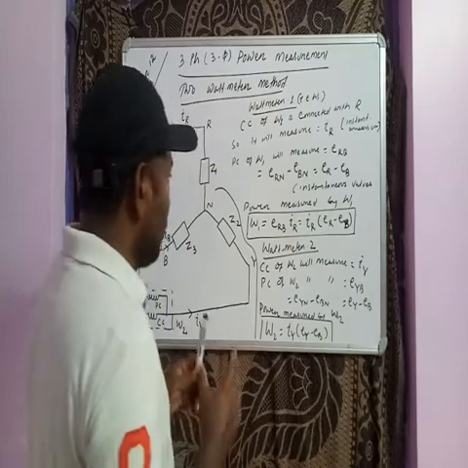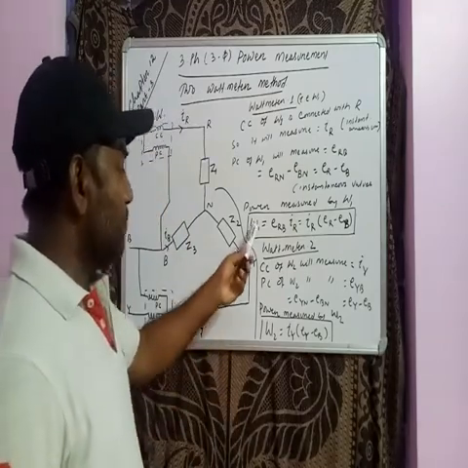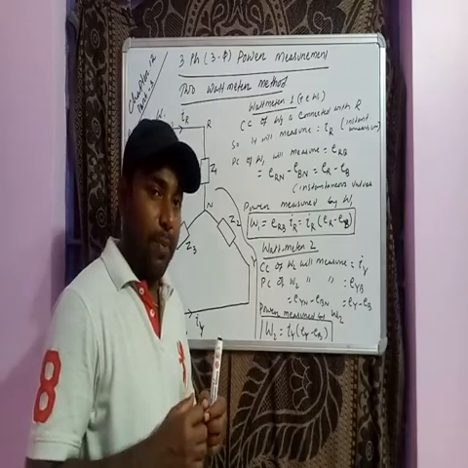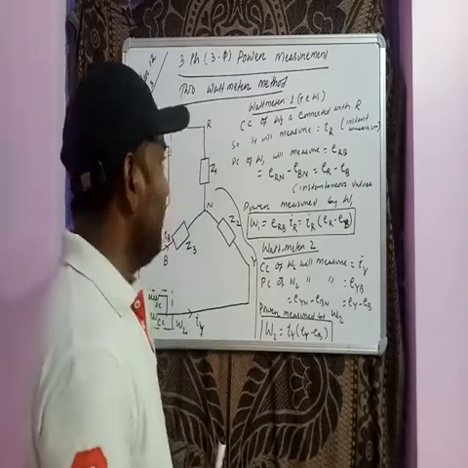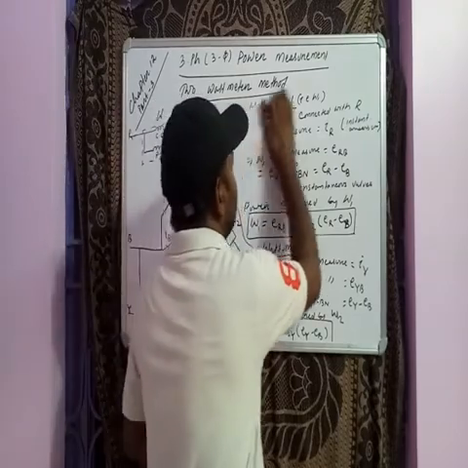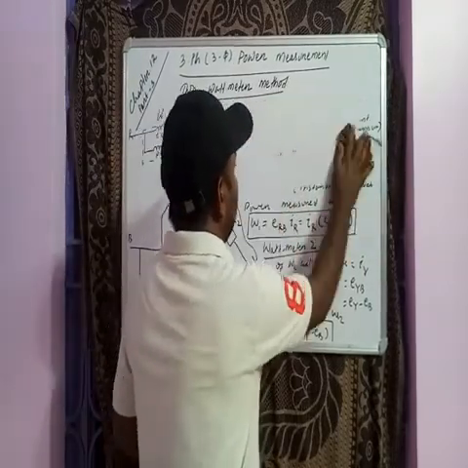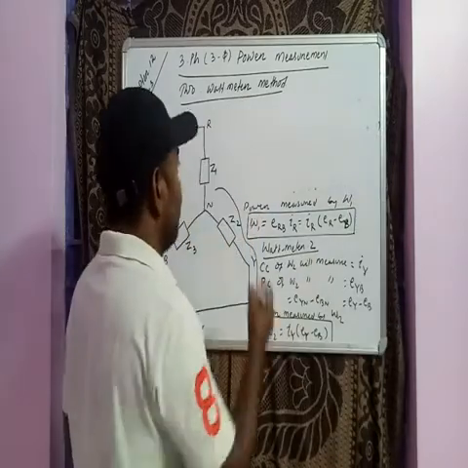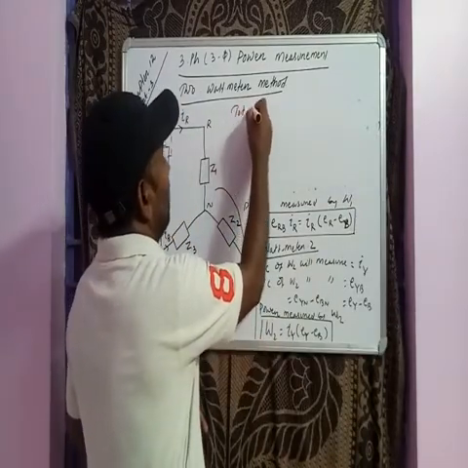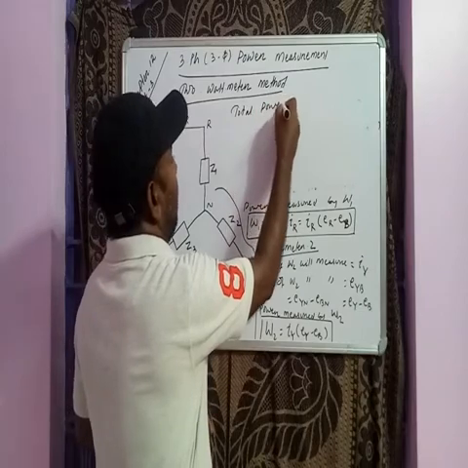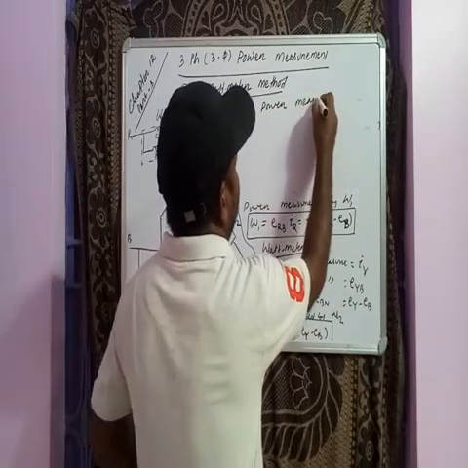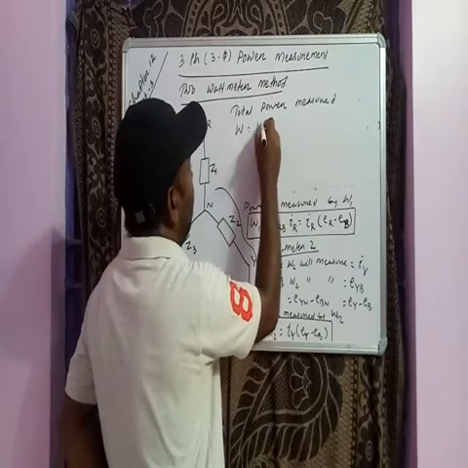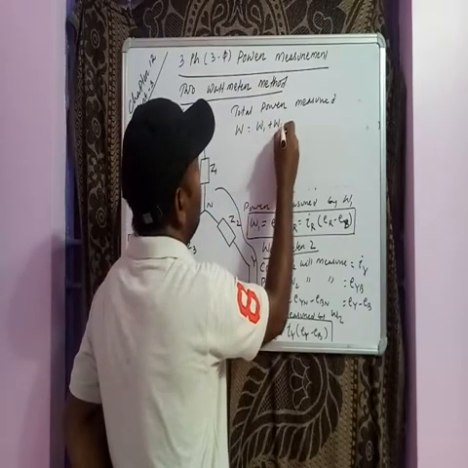Getting this, what is our total power? Total power is this plus this, because these two are the only instruments measuring the power. So now we have to find W1 plus W2, that is the total power. So the total power measured is W, that is W1 plus W2.